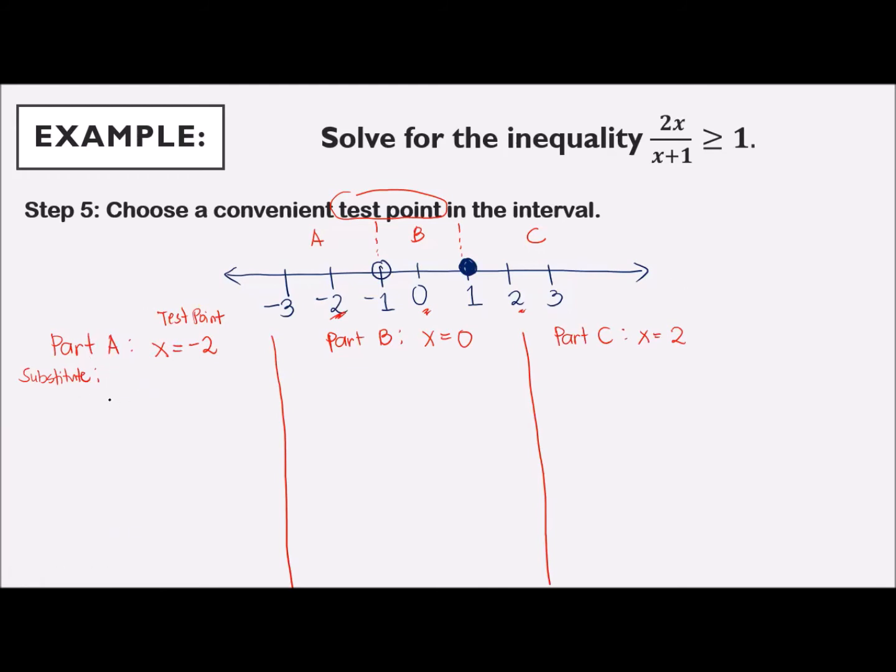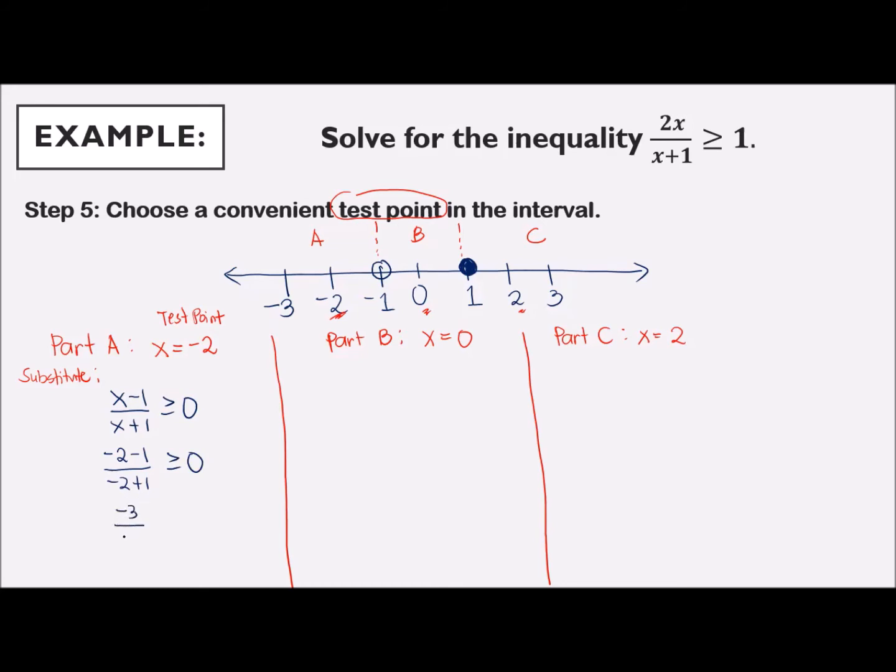Sana sabayan niyo po ako, no? So, we will have x minus 1 over x plus 1 is greater than or equal to 0. Yan yung sa step 1. So, si x papalitan na natin ng negative 2. And then, just simplify. The negative 2 minus 1, the answer there is negative 3.